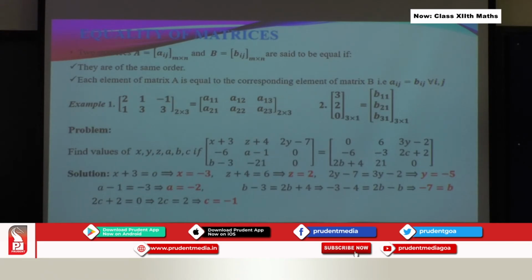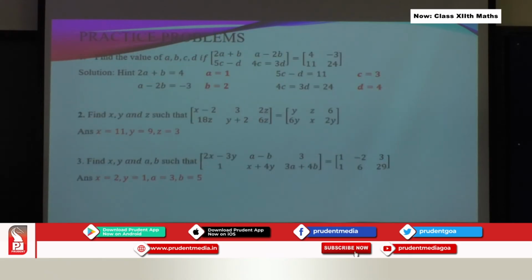Here 2c plus 2 is equal to 0, so 2c is equal to minus 2, and I am getting c is equal to minus 1. And here b minus 3 is equal to 2b plus 4. So I am writing that equation, and I am getting b is equal to minus 7 as the answer.